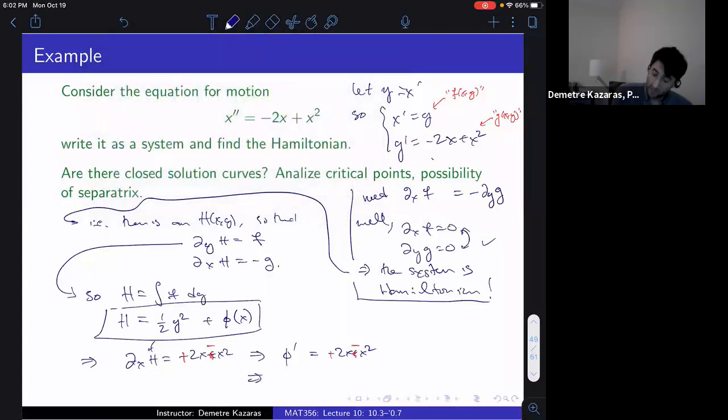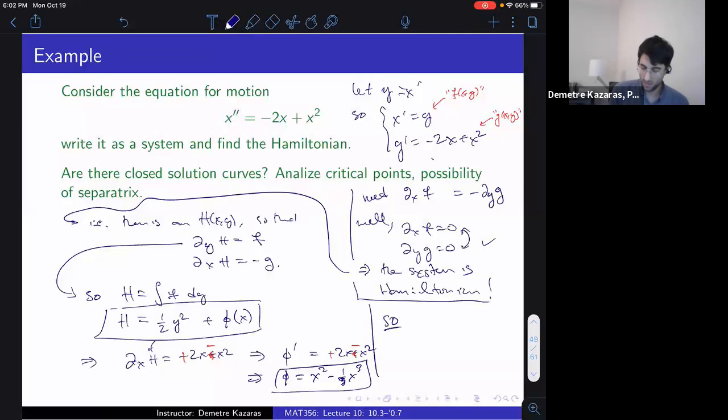So to figure out what phi is, we should integrate this. What do we get? We get phi is then equal to, and the integration constant is not really relevant here, but it's okay, so we get x squared and then minus 1/3 x cubed. All right, so the Hamiltonian for the system is the following.